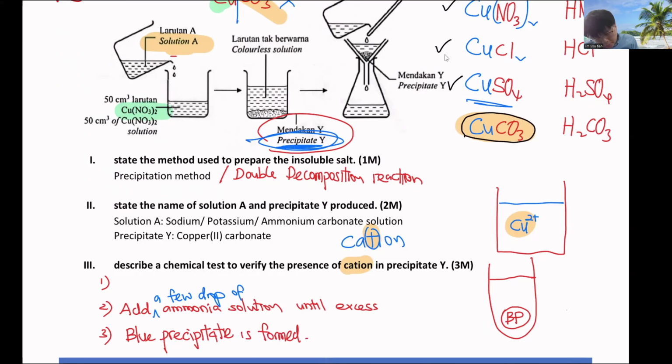When you add a few drops, you see some blue precipitate coming out. Then when you add excess, you realize that this blue precipitate dissolves, no more precipitate, and it forms a dark blue solution. This whole solution will turn into a dark blue solution.